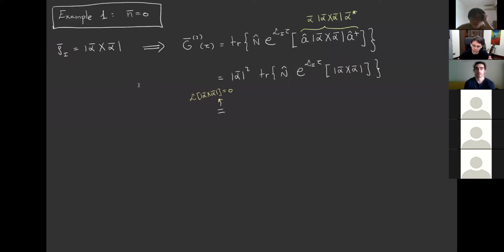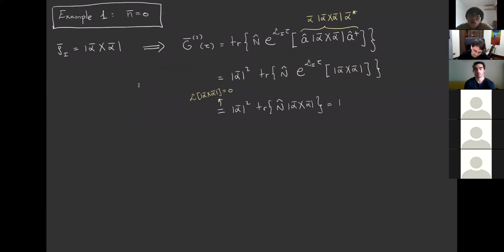In other words, if this is the steady state of the system, it is of course invariant under the evolution induced by the time evolution operator, or super operator in this case. So in other words, this is equal to the trace of n and then just the state without having to evolve it.